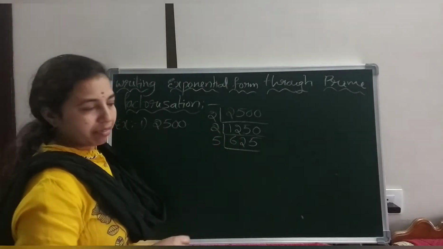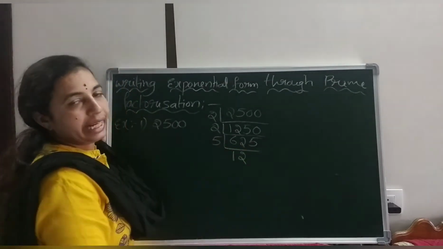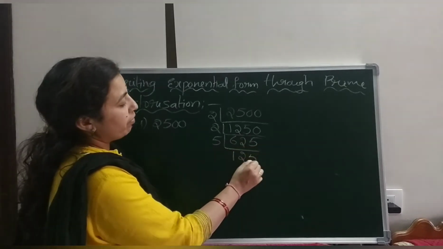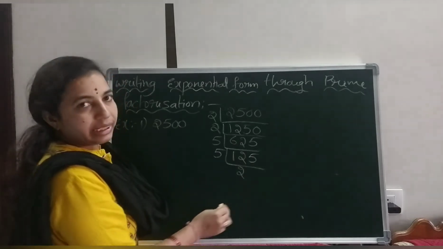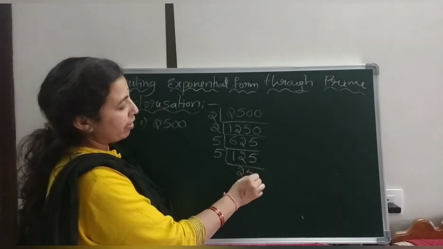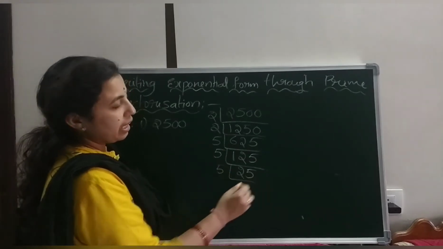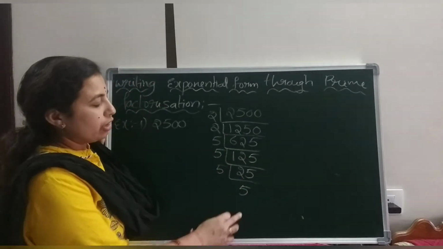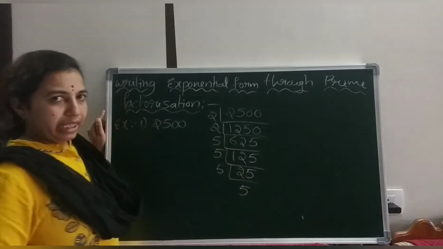With 5: 5 ones are 5, 5 twos are 10, 2 left, 25. 5 fives are 25. Again 5 fives are 25. Until you get a prime number at the end, you should go with the prime factorization.